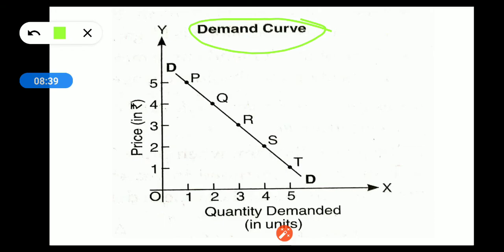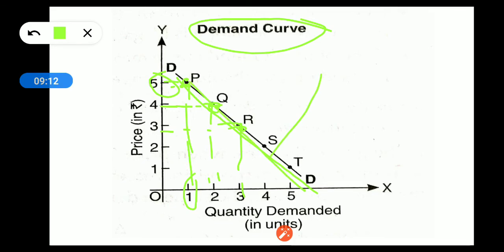Now we can see that when price is ₹5, then quantity demanded is 1. When we connect these two, then we get this point P. When price is 4 and quantity demanded is 2, we connect, then we get the point Q. When price is ₹3 and quantity is 3, we get the point R. So when we join these points, we get a curve, and this curve is known as demand curve.